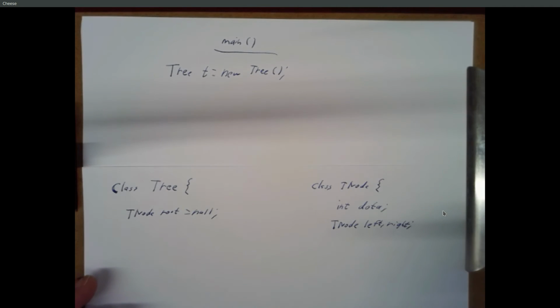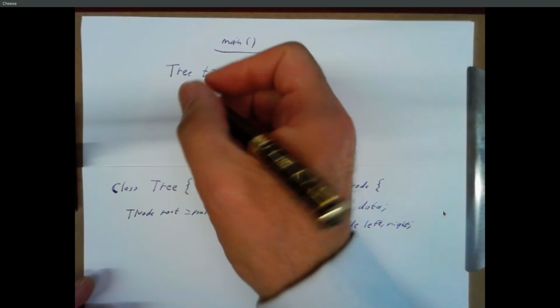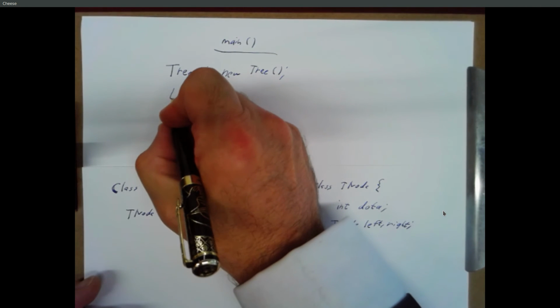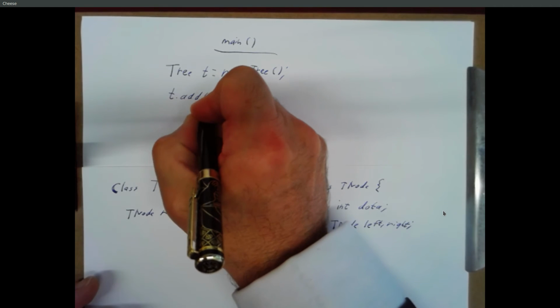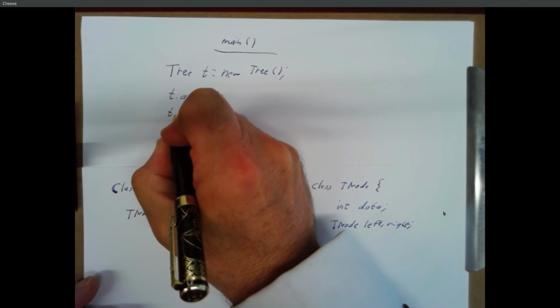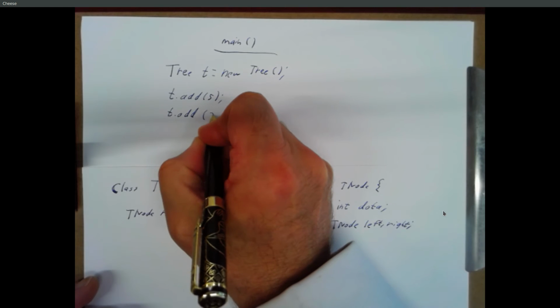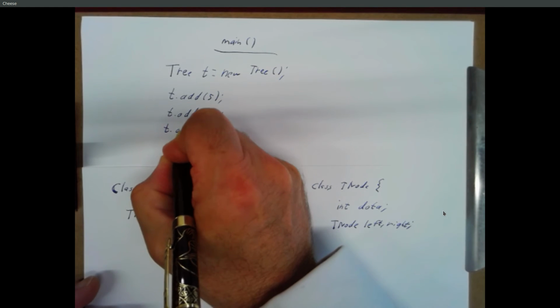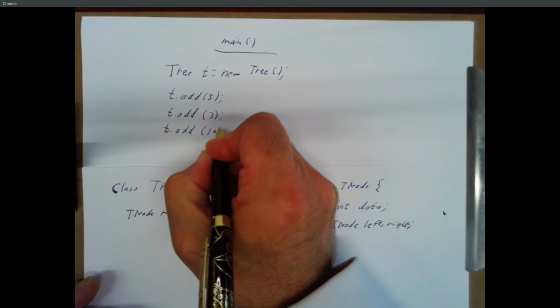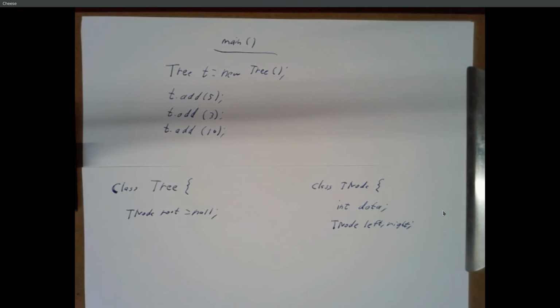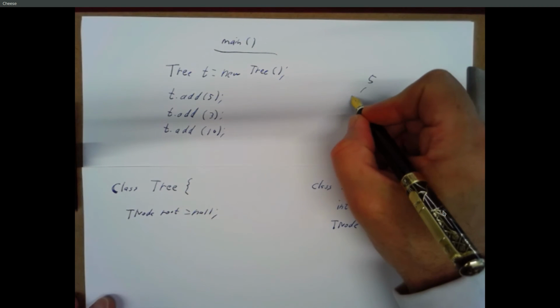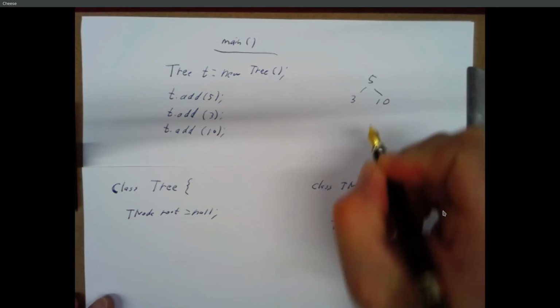Create them. How do we create them? Yeah, we add things to them. So we might say T dot add. Add some values. And we would hope that this is building something like that.